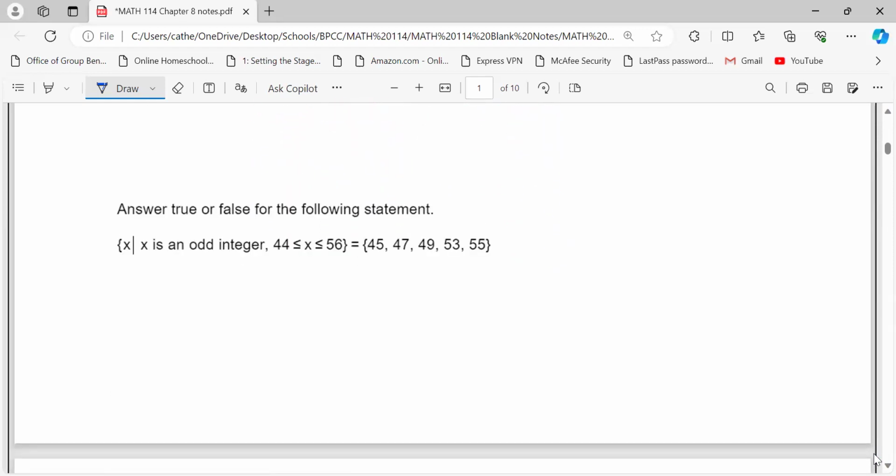Okay. And this notation is a little weird. It's X, and this little line means such that. X such that X is an odd integer. So it's odd, and it's between the numbers 44 and 56. This line underneath the inequality symbol means it includes 44.